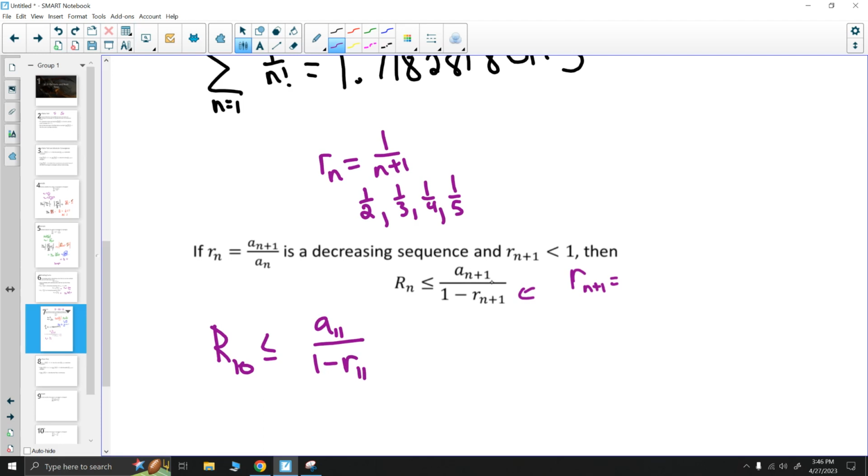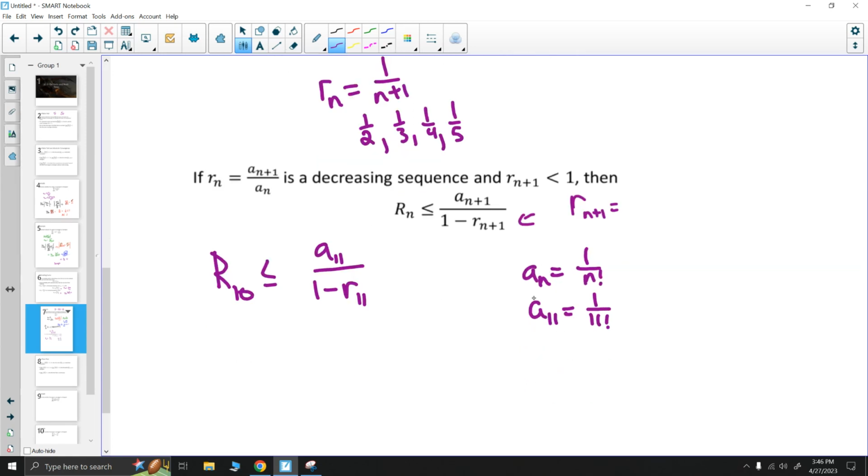Since a sub n is 1 over n factorial, a sub 11 is just 1 over 11 factorial. And since r sub n is 1 over n plus 1, r sub 10 plus 1, that's going to be r sub 11, which is 1 over 11 plus 1, which is 1 over 12.